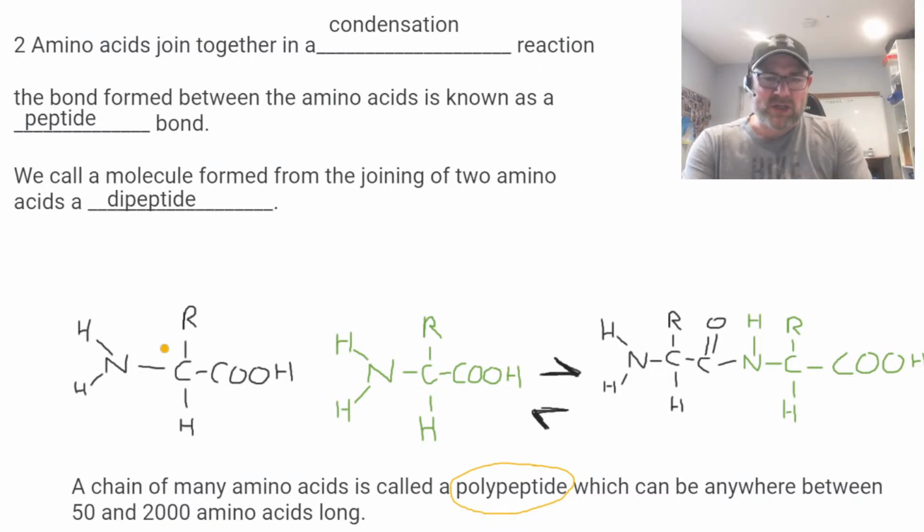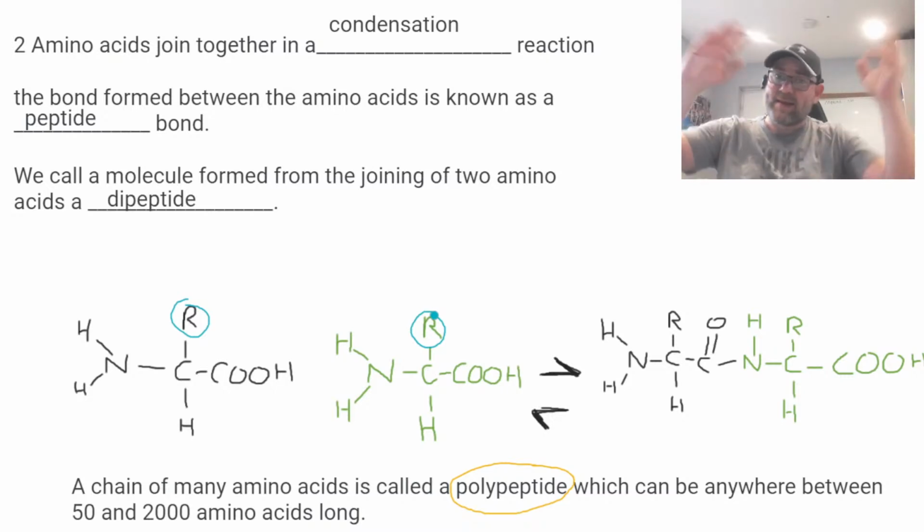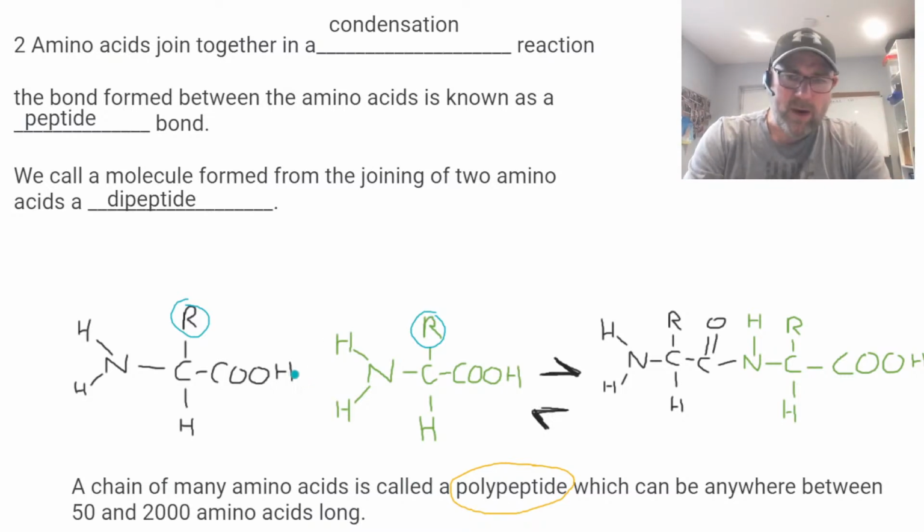This is the reaction of two amino acids. Notice I've just put an R group here because that's the side chain. They could be any length, the different amino acids. Now, condensation means that we're going to lose the OH here and an H here.